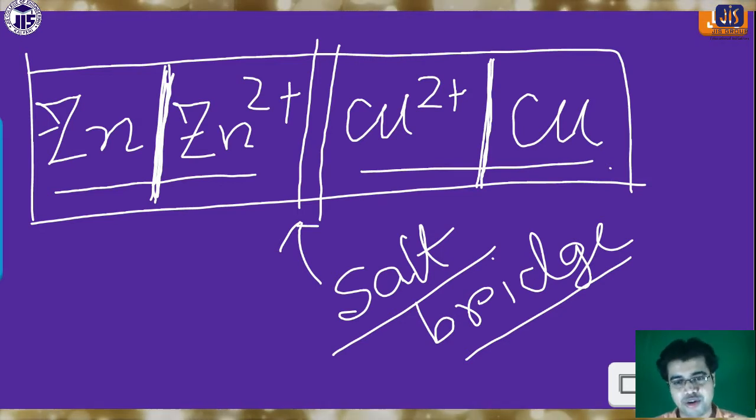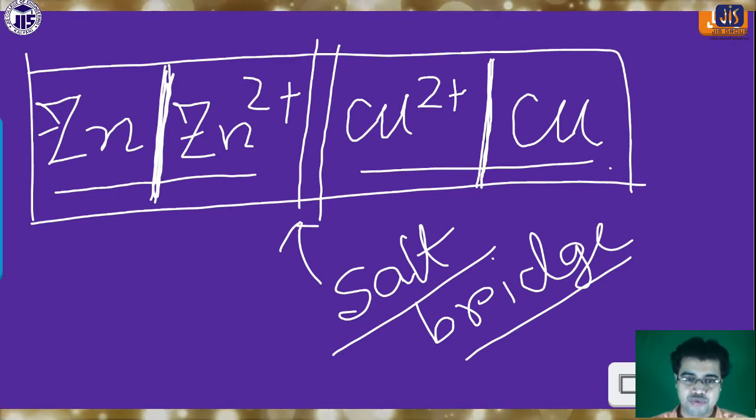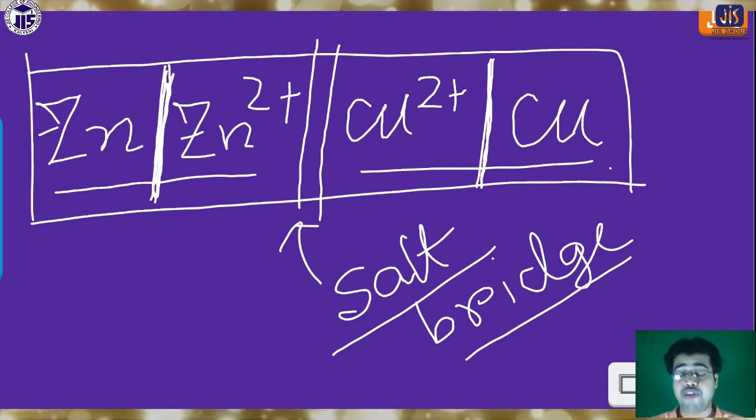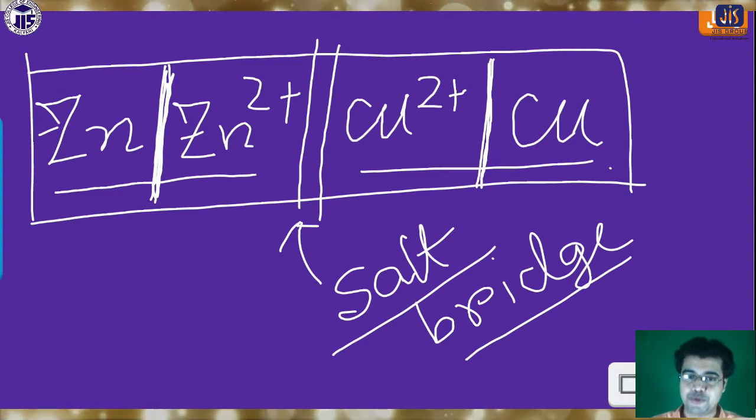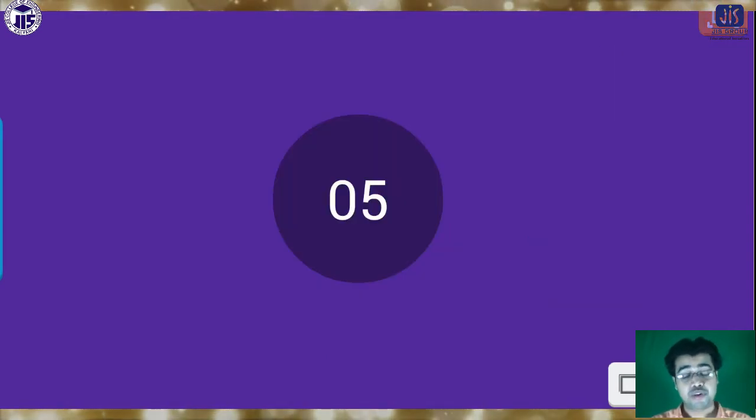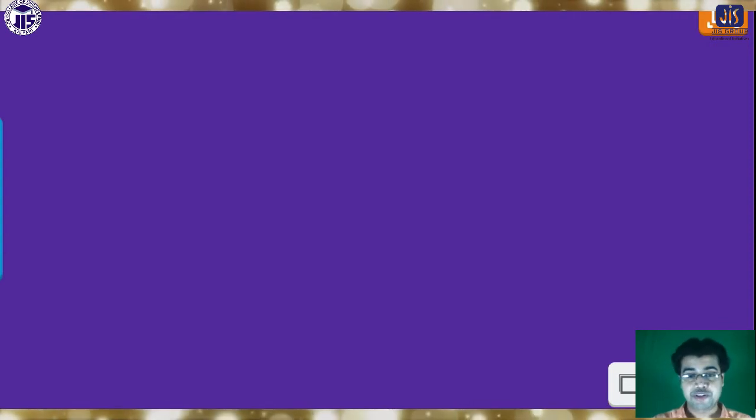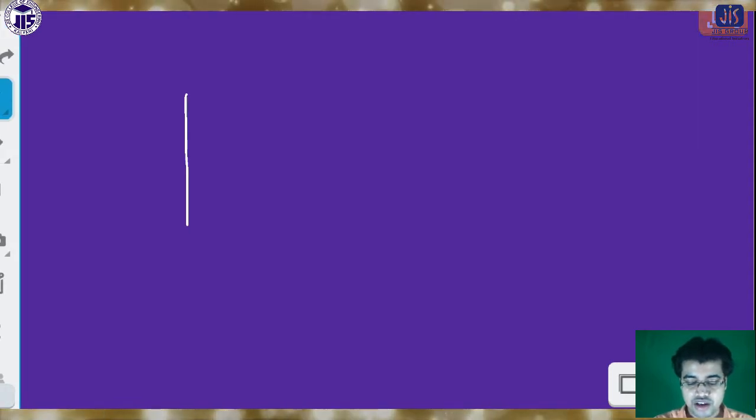To explain this, first of all you have to know a term called the cell potential. Cell potential is generated due to the different kinds of charge present on the surface of the electrode.